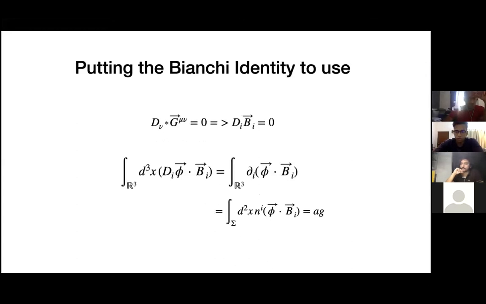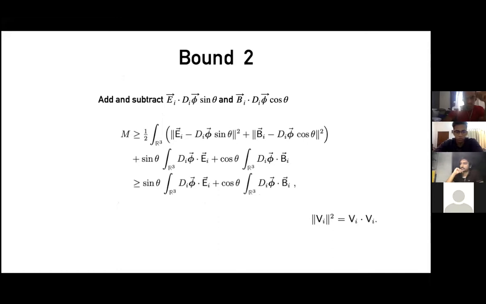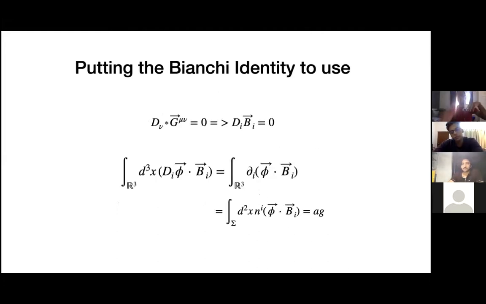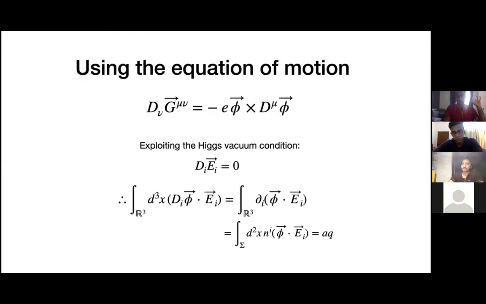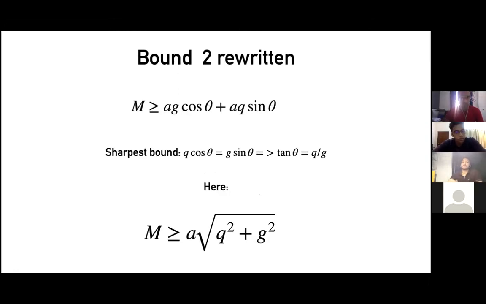So you see, we started with these two terms, that had sine theta di phi dot A and cos theta di phi dot B. And then we moved to using the Bianchi identity and using the equations of motion, we get these two. And so finally we get a bound written in terms of just the charges. And when do you think this will be the sharpest?